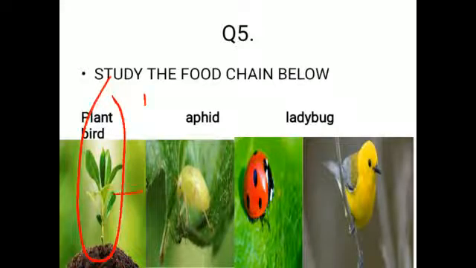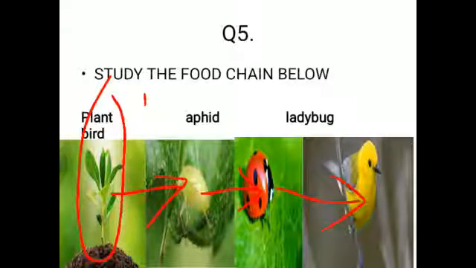The aphids are directly feeding on the plant. The ladybug is feeding on the aphids and the bird is eating the ladybug. So as described earlier, in a food chain, the living things are dependent on one another in terms of their food, because all of them need food to get energy to survive.